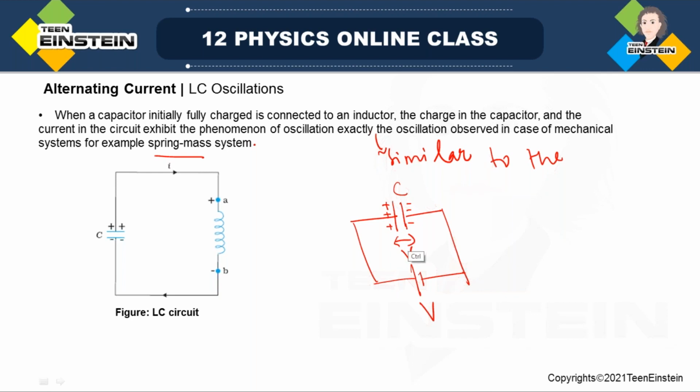Now what happens if you use this fully charged capacitor? Since it has a potential difference between these two plates or terminals, that is V here, what will happen if you connect it with a circuit? It will start flowing current in the circuit.